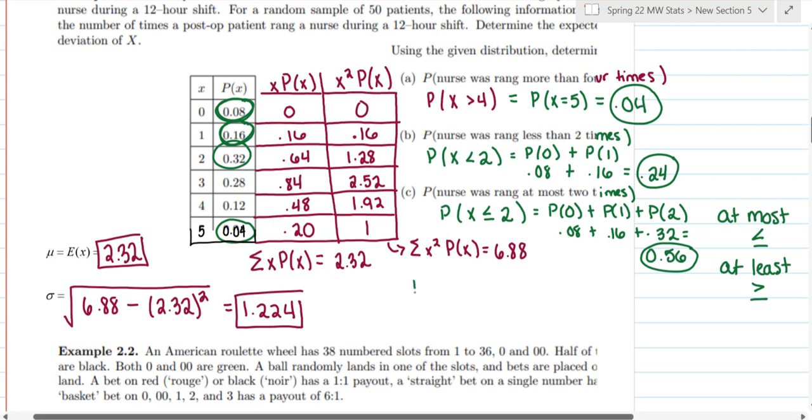Okay, then part D. The probability the nurse was rang at least 1 time. So at least is greater than or equal to. So it's x is greater than or equal to 1. So you would add all of these probabilities, or you could just subtract the 0.08. That's probably easier. Instead of adding 1 through 5, you could just do 1 minus the probability of 0, which is going to be 0.92.